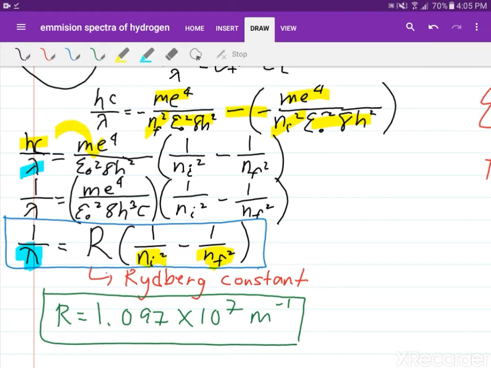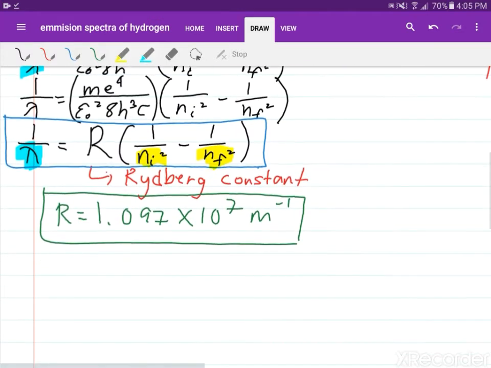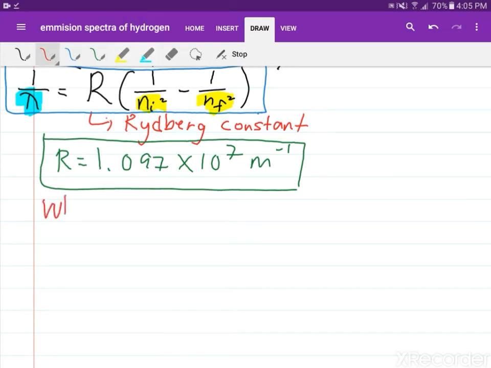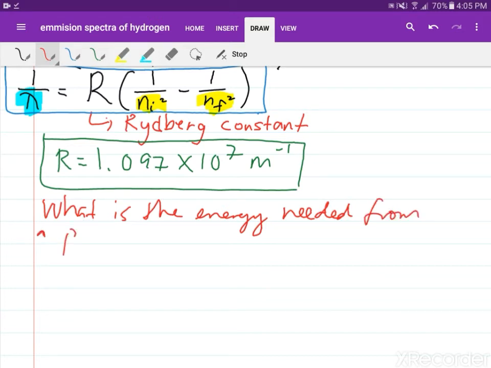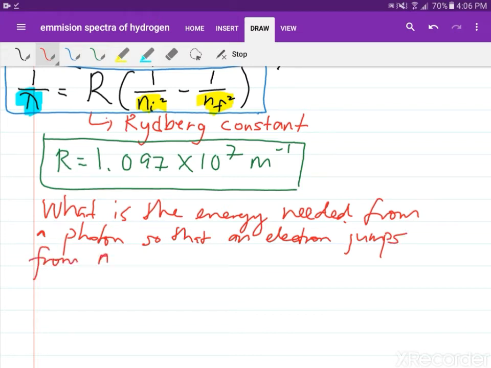Okay, so let's try to work out an example. So let's ask, what is the energy needed from a photon so that an electron jumps from n equals 1 to n equals 2.